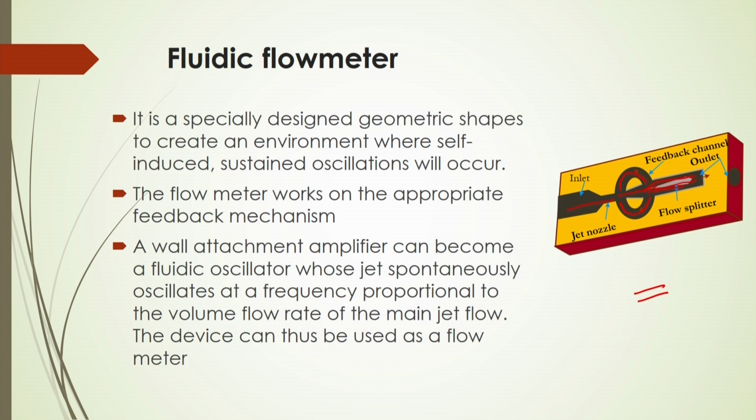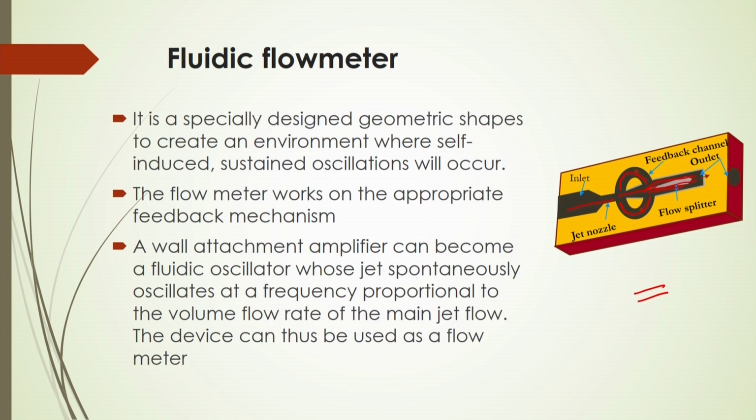That oscillator will have a jet, and it will spontaneously oscillate at a frequency, and that frequency is proportional to the volumetric flow rate of the main jet flow. Generally, this type of flow meter is used for measuring the flow rate coming out of the jet. So, this flow meter is designed based on the oscillation of the fluid.